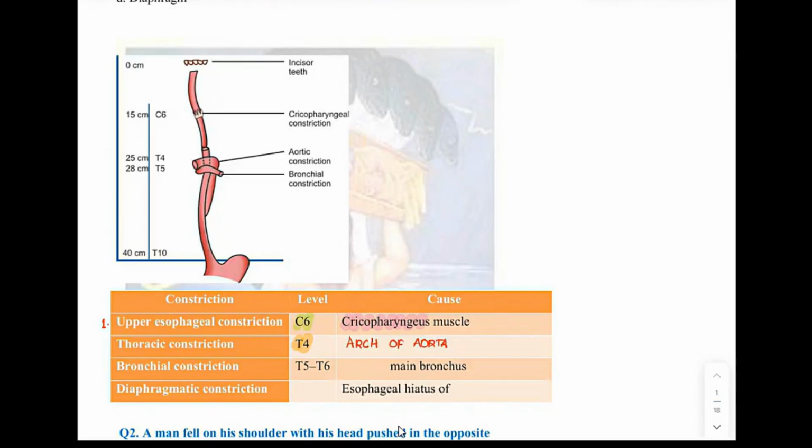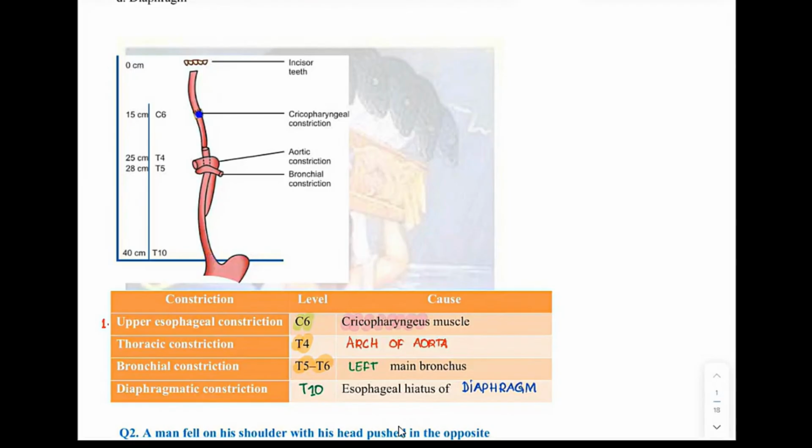The third one is because of the left main bronchus, and it is at the level of T5, T6 vertebra. And lastly, as the esophagus passes through the diaphragm, it is again constricted. So the esophageal hiatus of the diaphragm is at the level of T10 vertebra. So these are the 4 constrictions: cervical vertebra 6, thoracic 4, thoracic 5, 6, and thoracic 10.